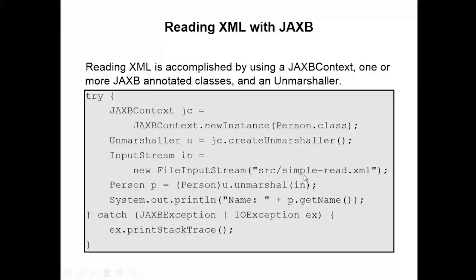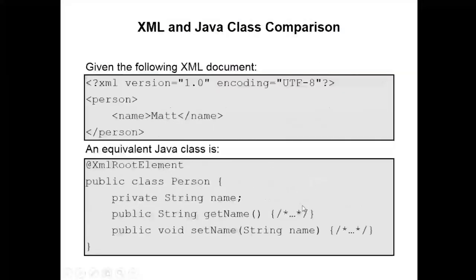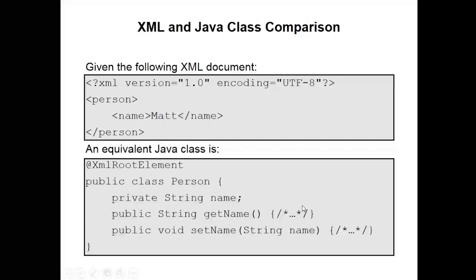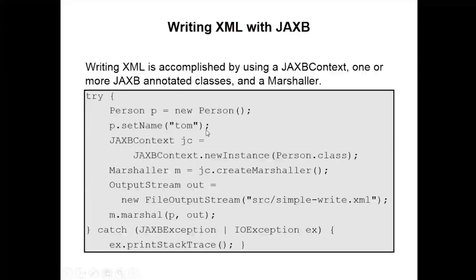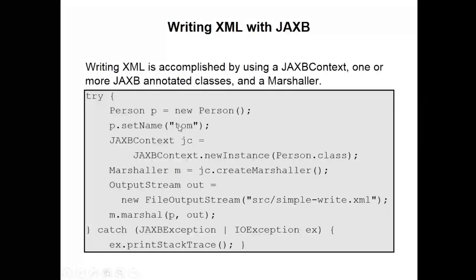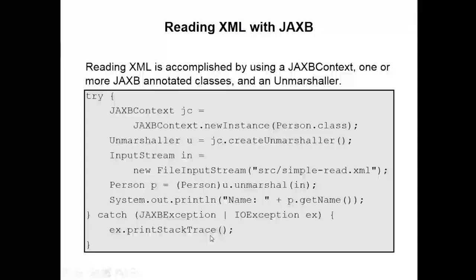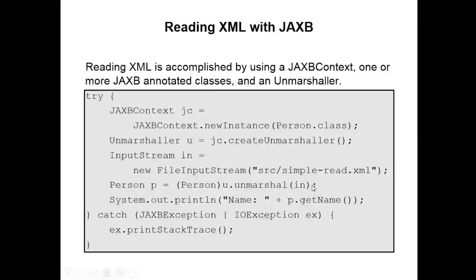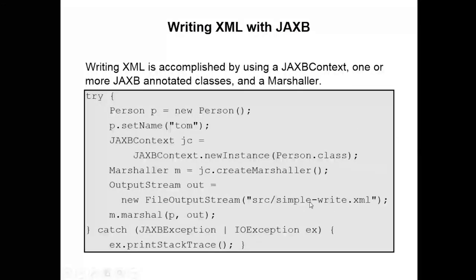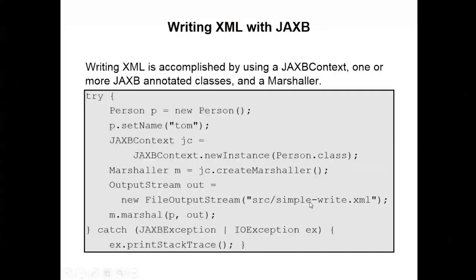In this example, I'm taking a Java object and writing it as an XML. Last example: taking an XML, writing as Java. Next example: taking a Java object, writing as an XML.